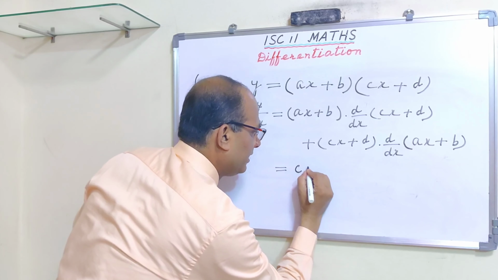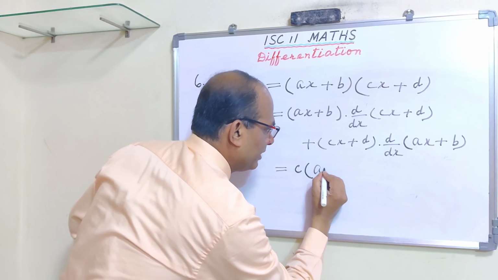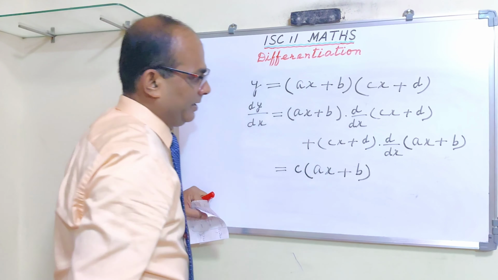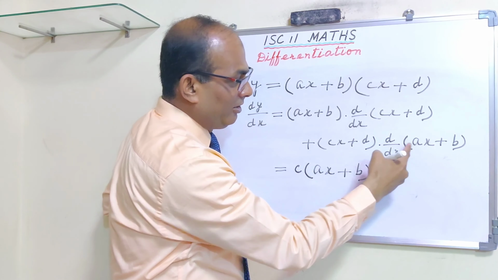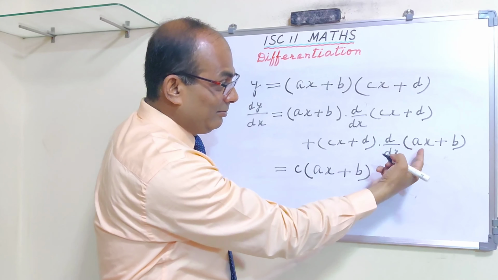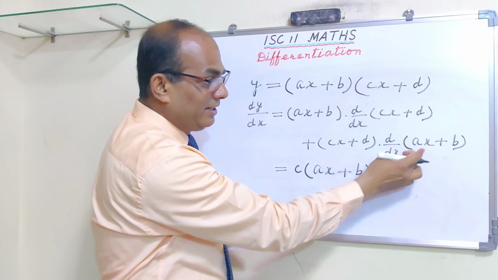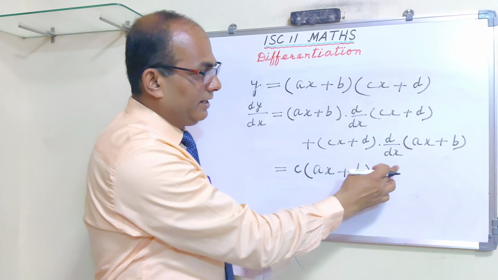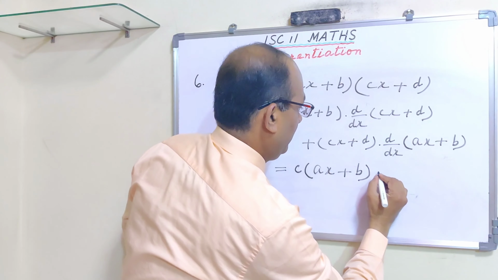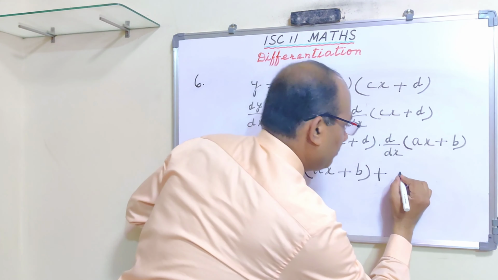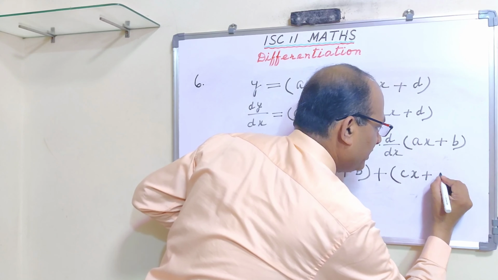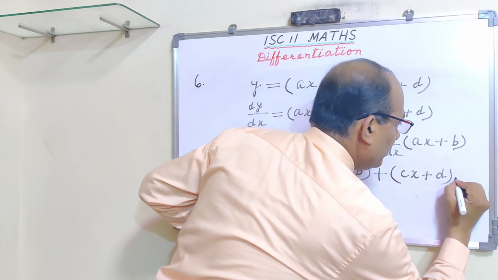So c here and (ax plus b). And here d/dx of ax plus d/dx of b, like in the case of limits. Now a is taken outside and d/dx of x is 1, and d/dx of b is 0. So here you simply get a. So plus (cx plus d) into a.